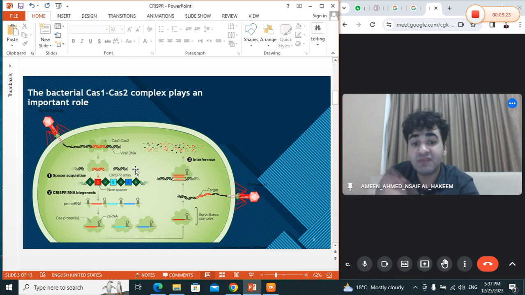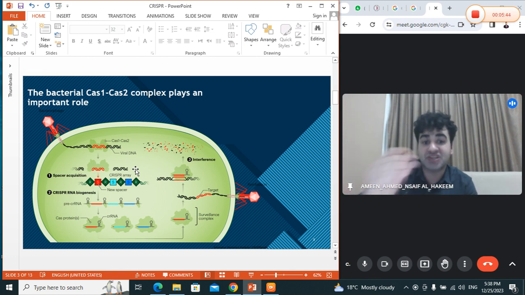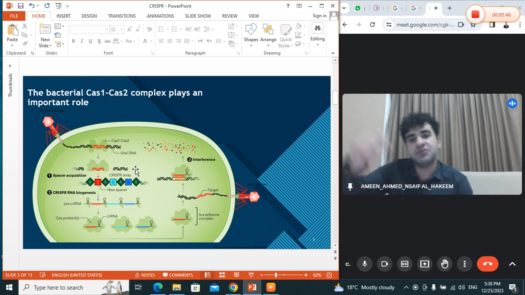However, the interference phase is guided by the crRNA when the bacterium is exposed to the same or similar genetic material. The crRNA guides the Cas proteins, such as Cas9 for example, to the target DNA sequence, while the Cas proteins act like molecular scissors, precisely targeting or cleaving the invading DNA or RNA, rendering it non-infective.